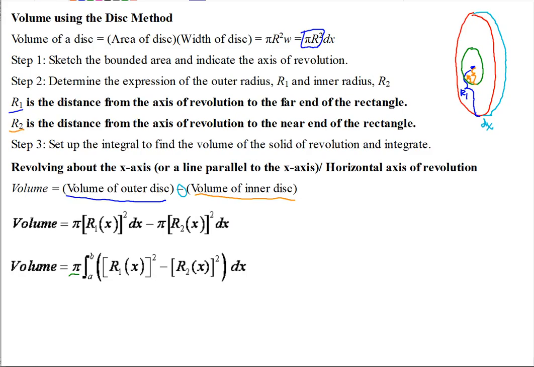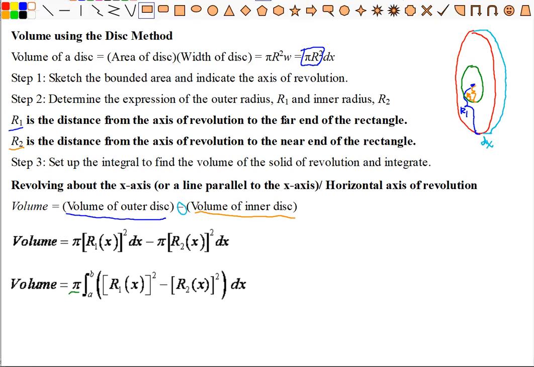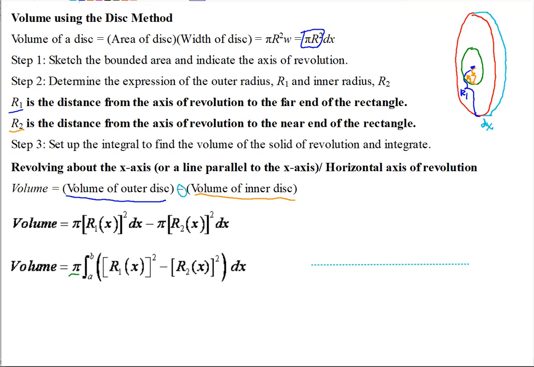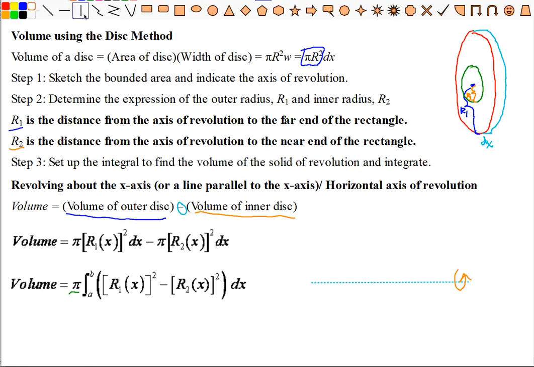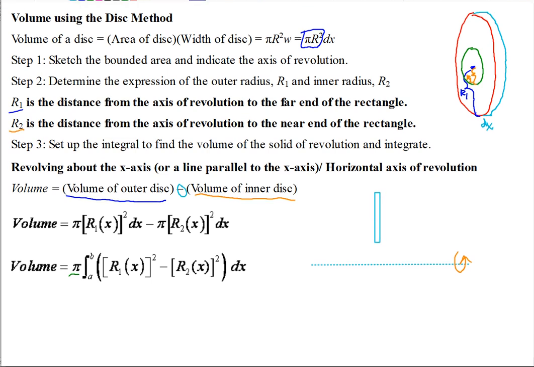So for the disk method, if your axis of revolution, which oftentimes we'll draw as a dotted line, in this case was just the x-axis, and then our rectangle dx, notice here they're perpendicular.